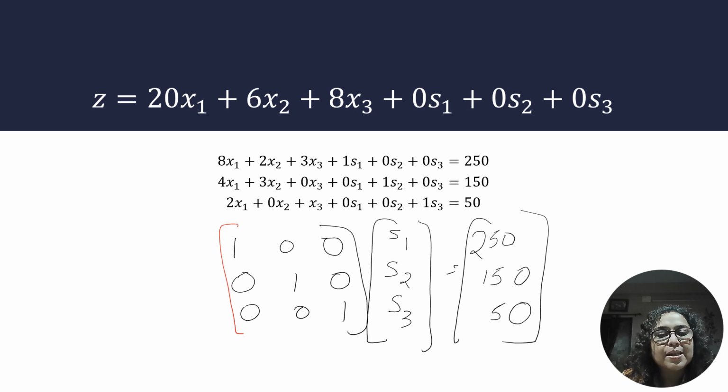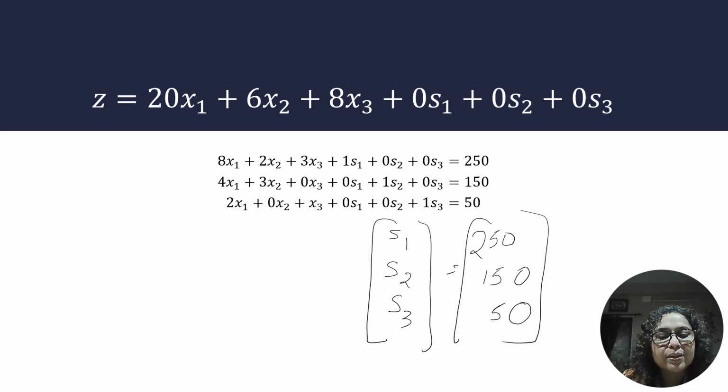Now you can see, since this is an identity matrix, I can simply remove this because its value is 1. And so I have an initial solution. What is the initial solution? You can see from here, the initial solution that I get is that S1 is equal to 250, S2 is equal to 150, and S3 is equal to 50.